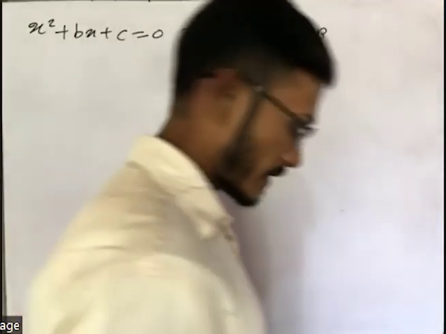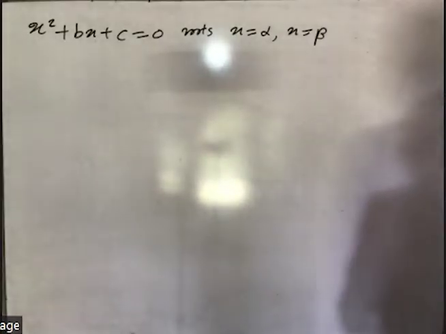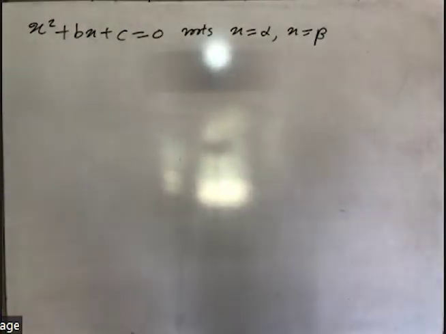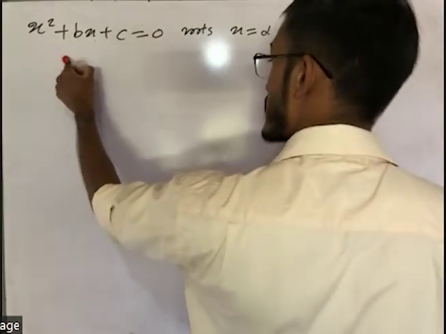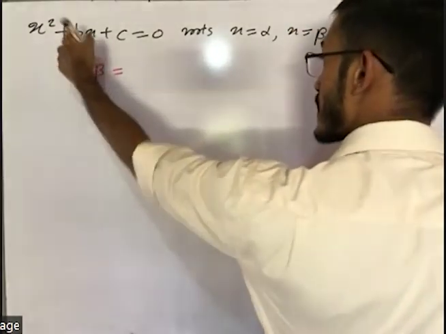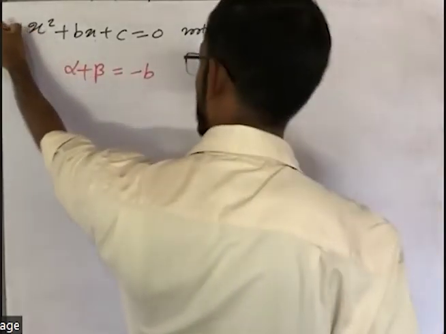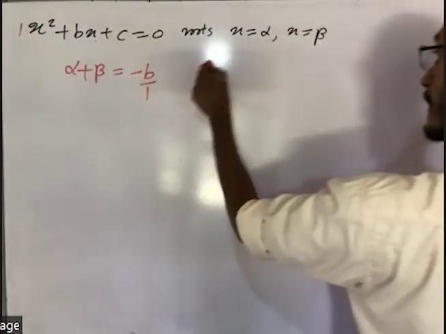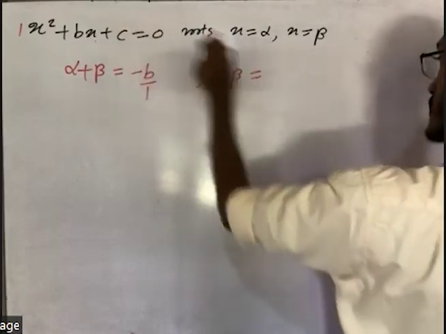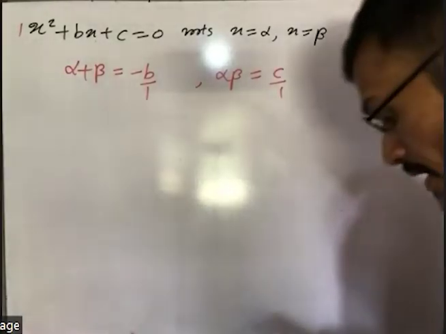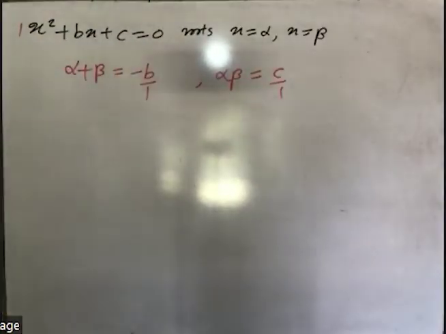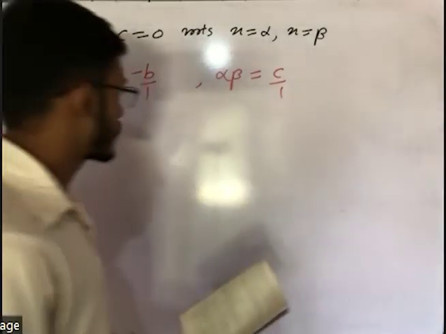Now we can directly write down the sum of the roots, alpha plus beta, equal to minus coefficient of x, b, over coefficient of x square term, 1, comma, alpha beta equal to constant term over coefficient of x square term, 1. Right. These are the two values, alpha plus beta and alpha beta. Now let's find the quadratic equation.